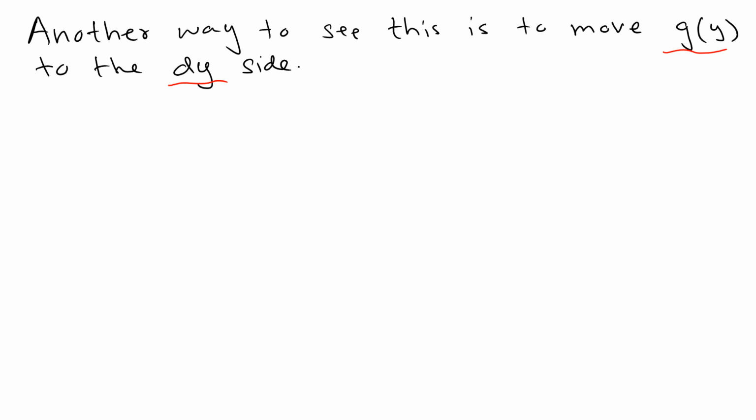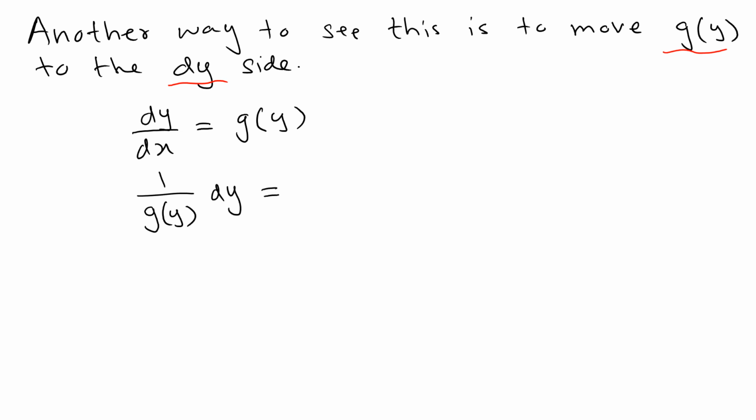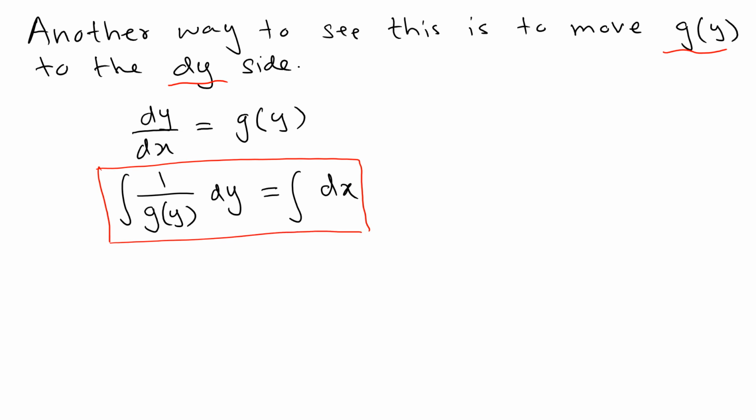For example, we have dy over dx equal to g(y). We can divide by g(y), assuming g(y) is not equal to 0, and write this as 1 over g(y) dy equal dx. Then we integrate the two sides separately. You get the same answer as before, but this is another argument for how to do it, rather than flipping the equation.